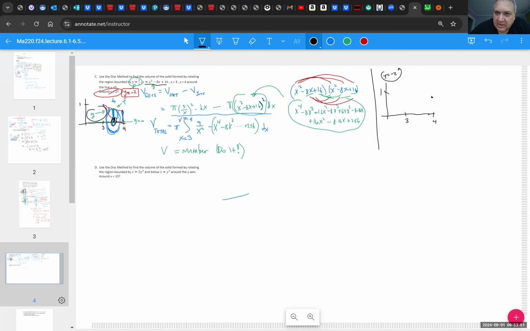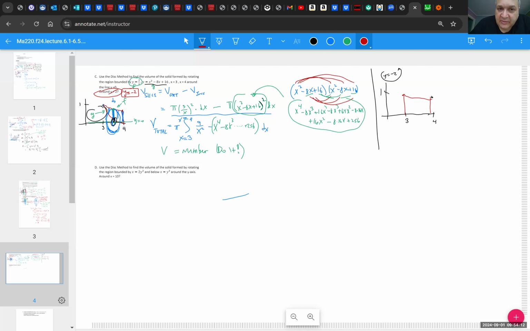It goes down like this, and it goes, oh, it doesn't start from there. It starts from right here. Goes like that. So that's our region, the same region as before.